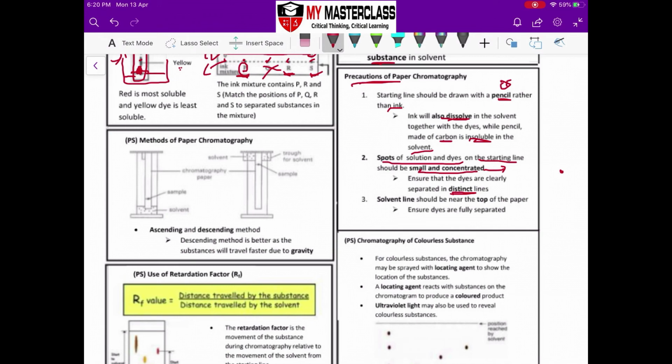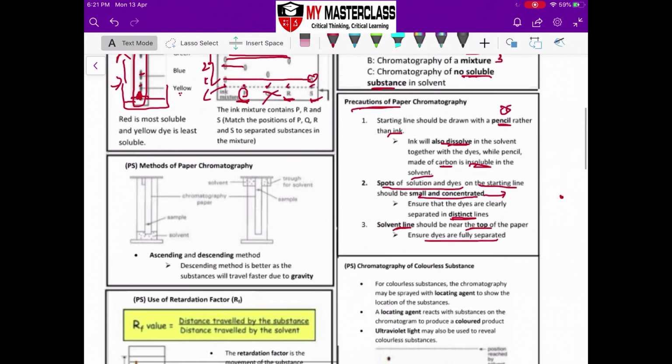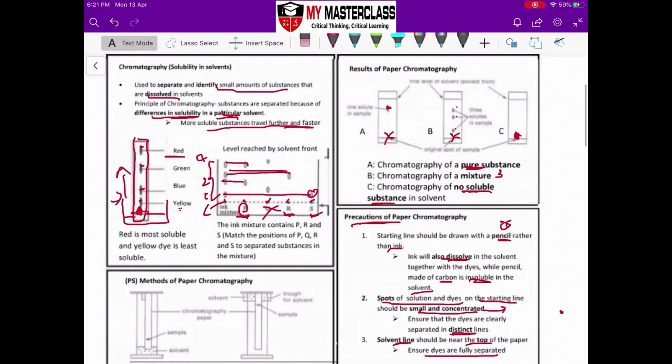The solvent line must go as near the top as possible. So when you start your chromatography, your water, the solvent, will start to move up. Make sure your solvent will move up to the top of the chromatography paper as close as possible. This will allow all dyes to be separated. For example, in this picture, my solvent line runs up till here.